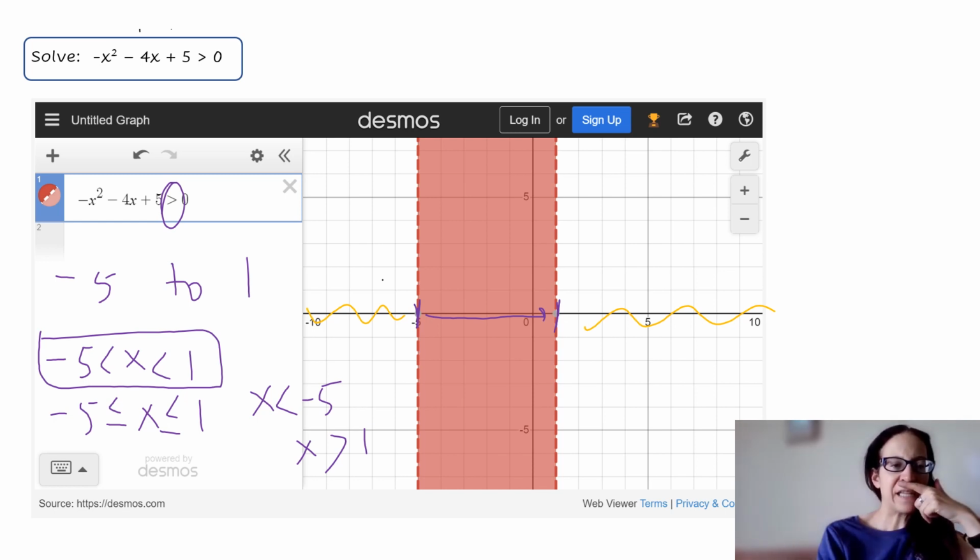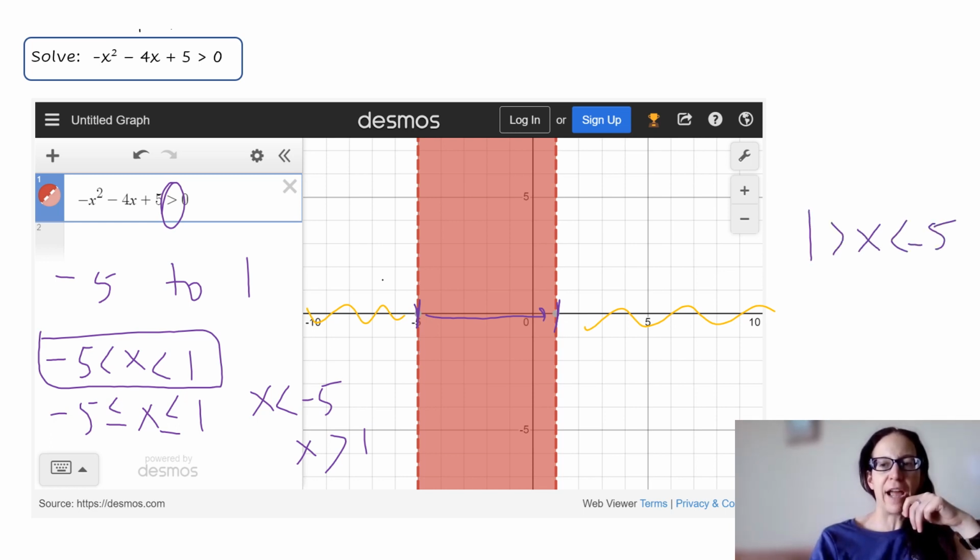They might also give you the right numbers, but mess up how the inequalities are turned around. They should always be facing the same direction, and it's usually going to be the less than. You're usually going to read them as less than because we go from left to right, least to greater. So use some common sense with that.